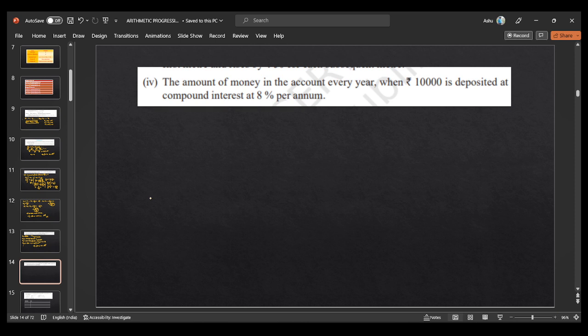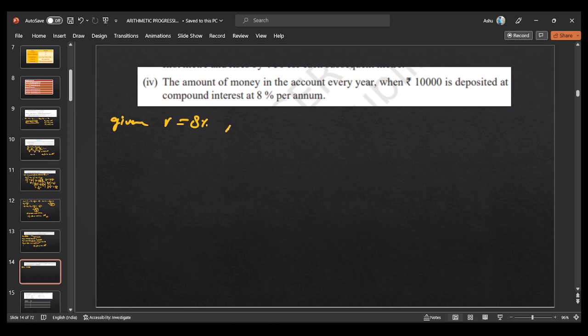Now the fourth question. The amount of money in the account every year, when 10,000 is deposited at compound interest at 8% per annum. Given, rate R is 8%.